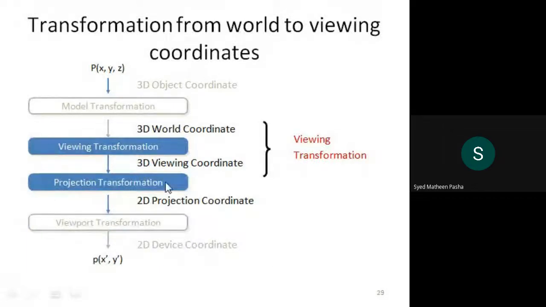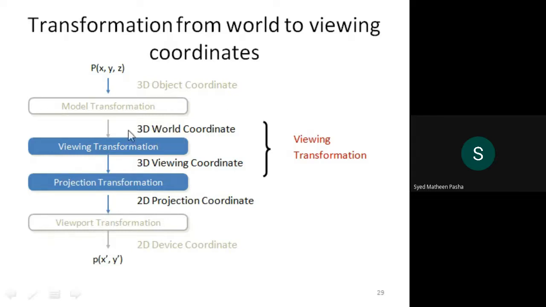Then how does this viewing transformation happen with respect to the world coordinates to viewing coordinates? Basically, as I told, the input for the viewing transformation is the world coordinates, that is three-dimensional world coordinates.